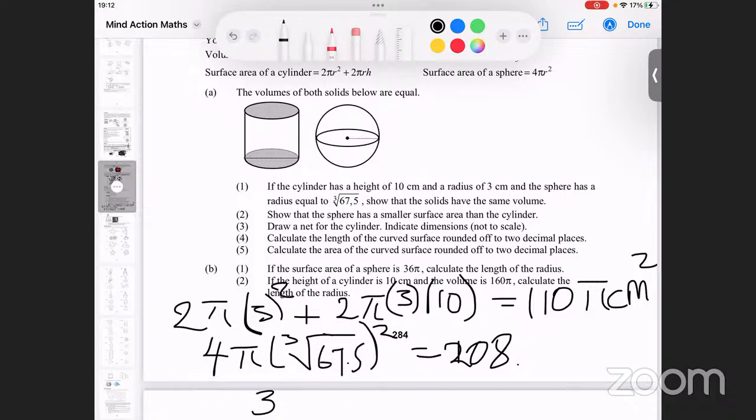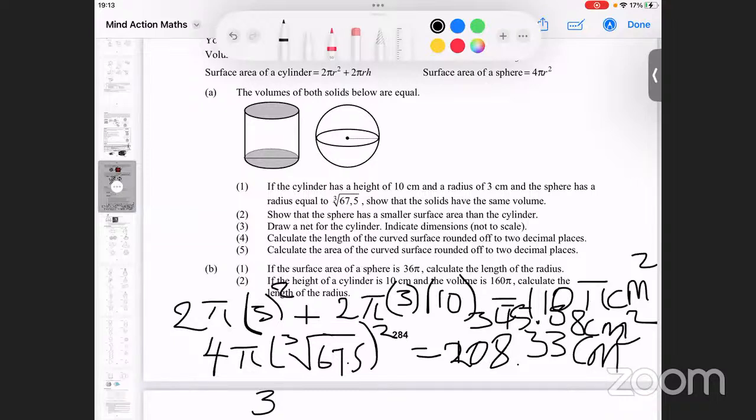Let's just say 208.3 centimeters squared, since it's the final answer. And what is 110 pi? When you convert it, it's 345.58 centimeters squared.